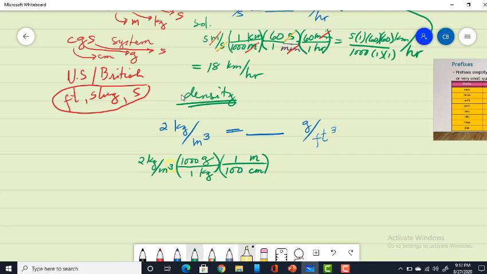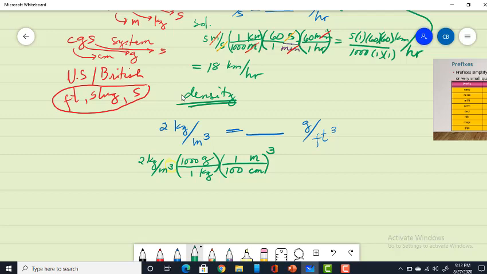So remember that the m cube, meaning the meter should be raised to the power 3. Since the whole magnitude is the number including the unit, you need to raise this to power 3. So now we can cancel meter cube in here.